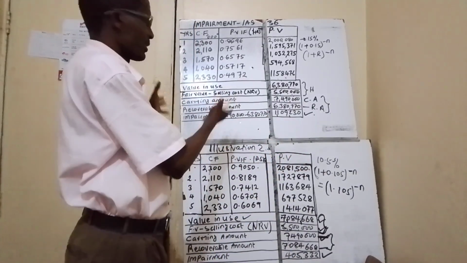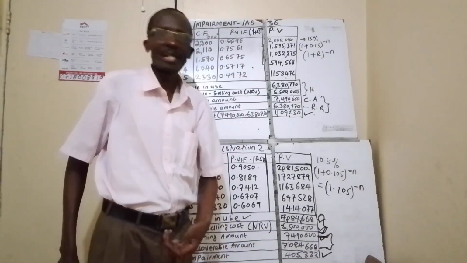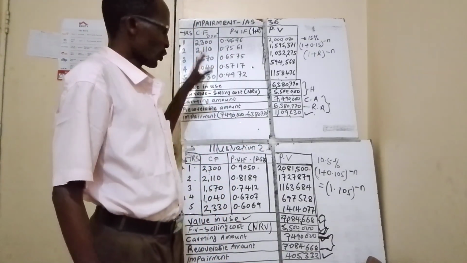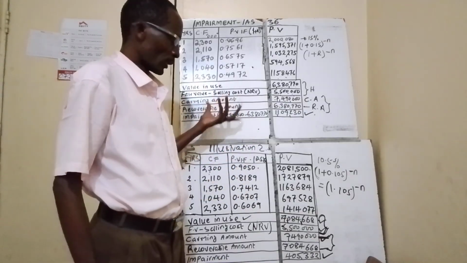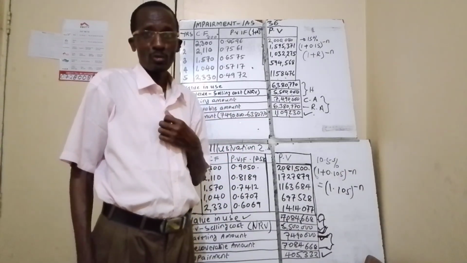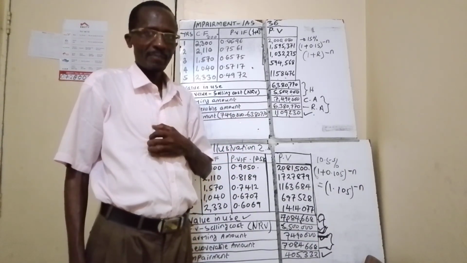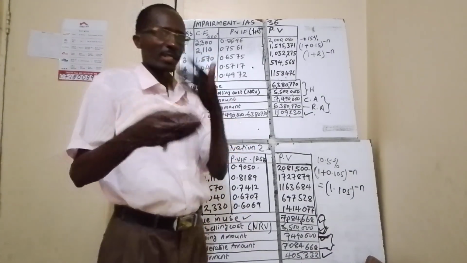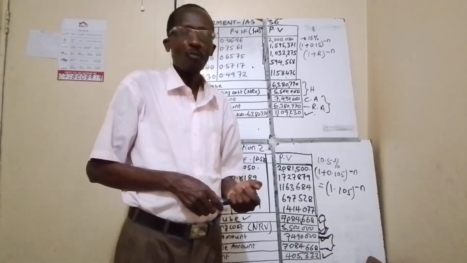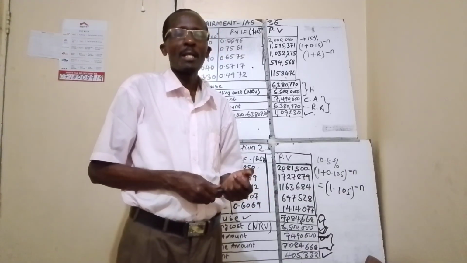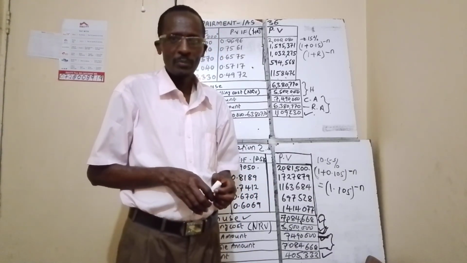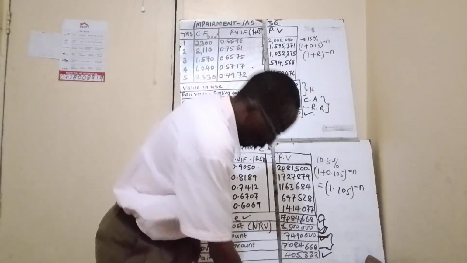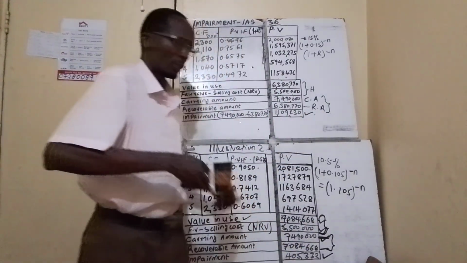I have not done it here, but I just want to show you in advance so that next lesson I'll show it on the board as I show the calculations for you, so that you may understand in a better way. Meanwhile, you can look at that example for cash generating unit from what I have presented to you. And the next lesson, I'll show you a calculation for cash generating unit.